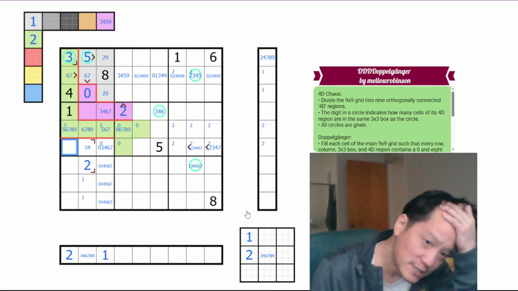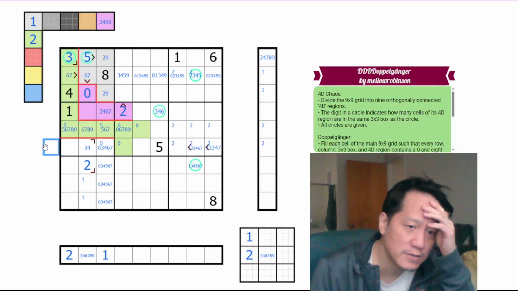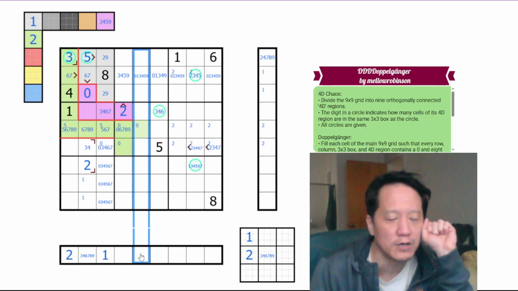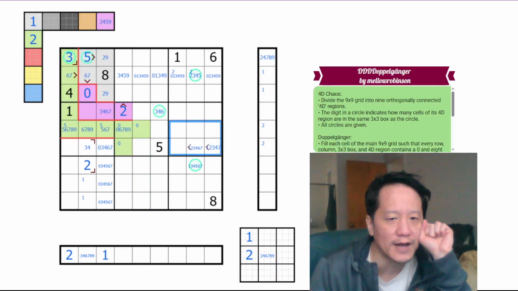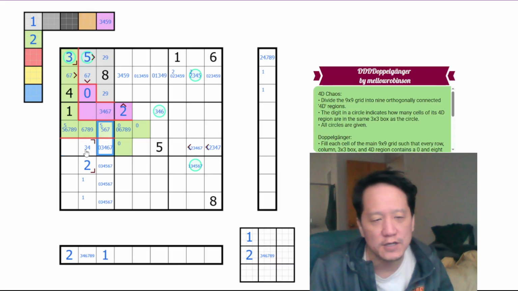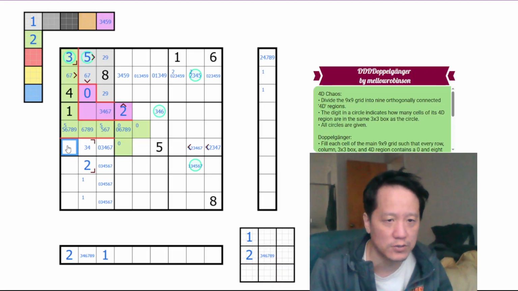Oh. I think this is still correct. Oh, wait, we don't have to be missing a 2 here. We could be missing a 2 in column 5. Right, that is where we, yeah. So then we do reach a contradiction if we don't have a 2 here.